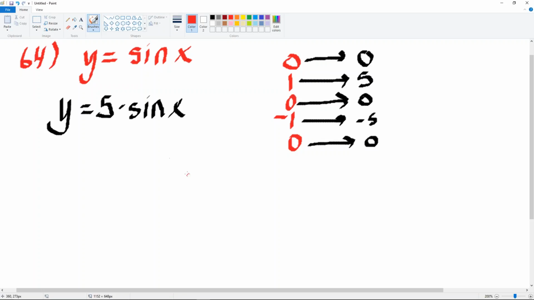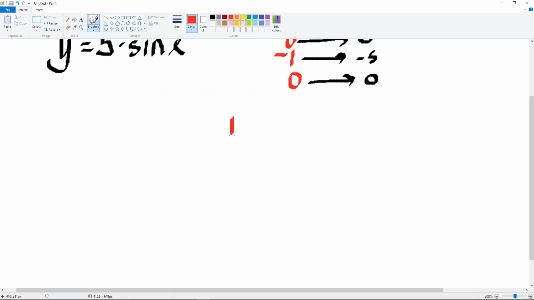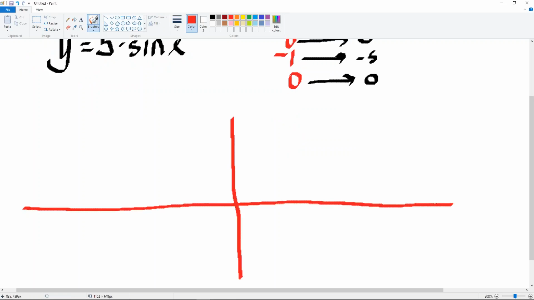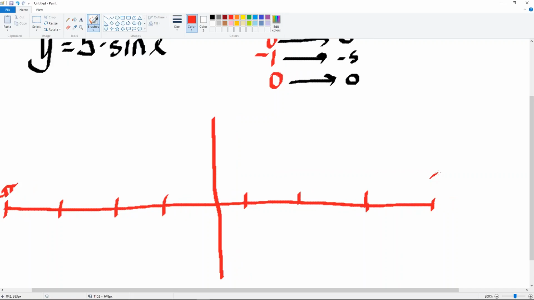So if you draw your two periods, usually it would be from -2 pi to +2 pi. That's how I'm going to do it. I'm going to have -2 pi over here and +2 pi over here.